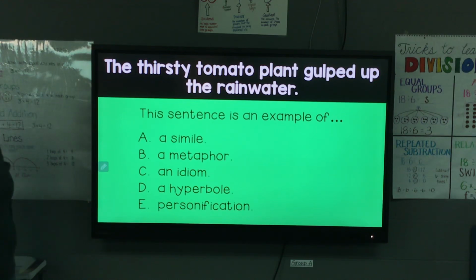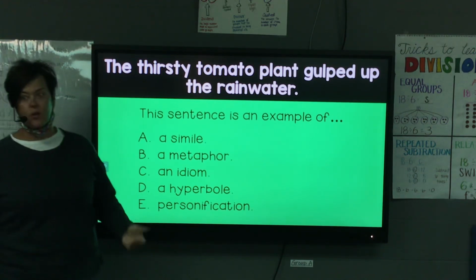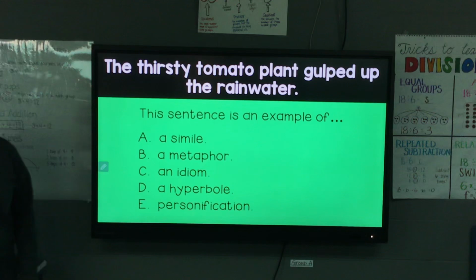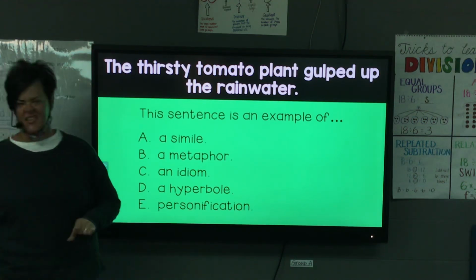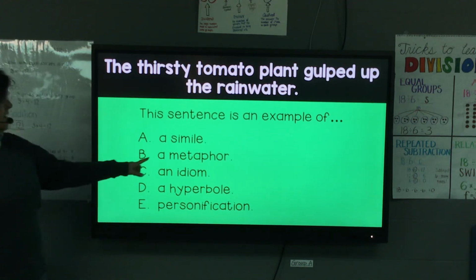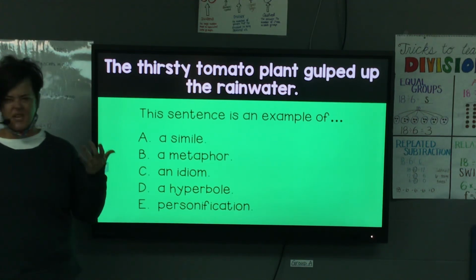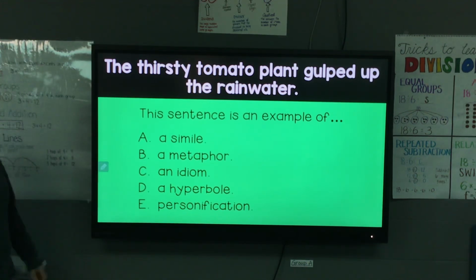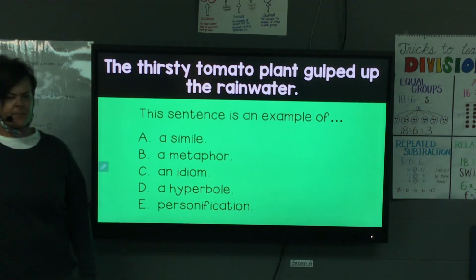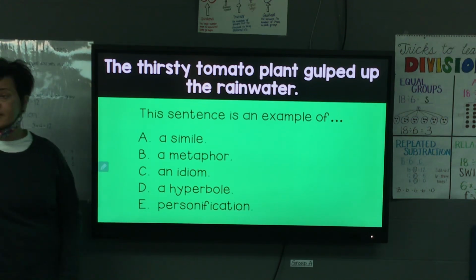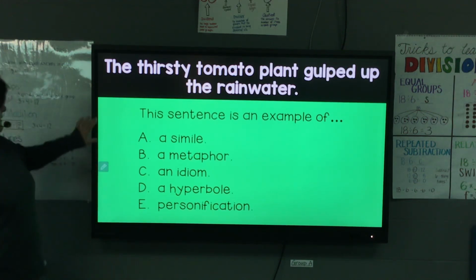Remember, this is the one where it's given human qualities. Is that a simile? No. A metaphor? No. Is it comparing two things at all? An idiom? No. A hyperbole? No. Personification? Yes.